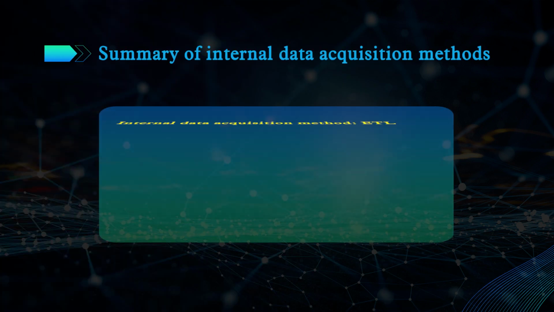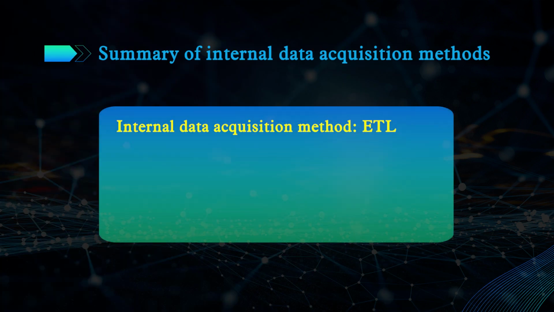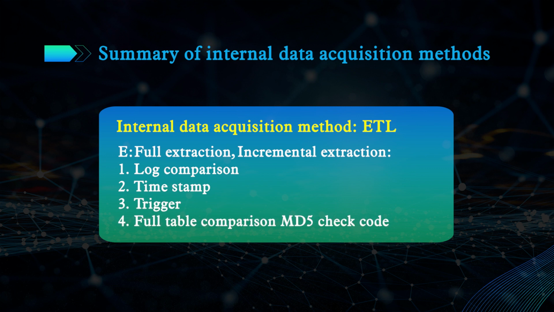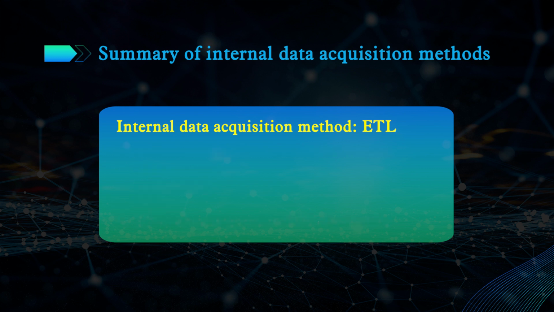Let's make a summary of internal data acquisition methods. The mostly used internal data acquisition tool is ETL, which means extract, transform, load. In extraction, there are two ways: full extraction and incremental extraction. And there are 4 incremental extraction methods, which are log comparison, timestamp, trigger, and full table comparison using MD5 check code.